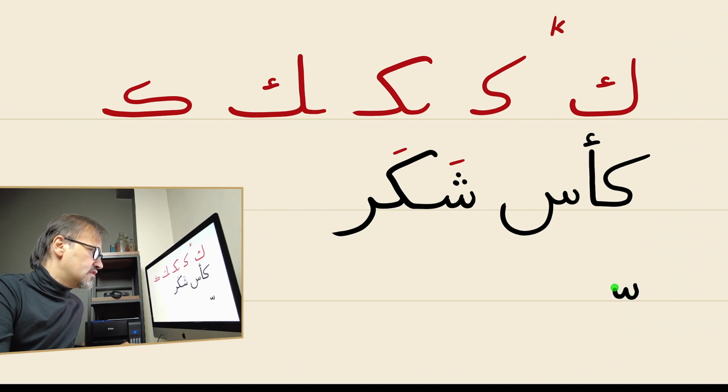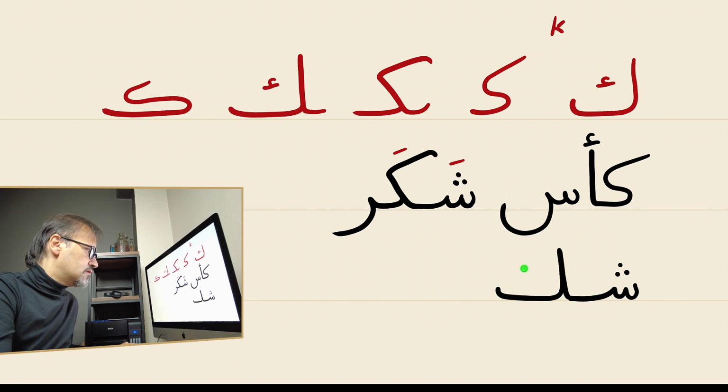Again. Sh. This is the sh. And here's the ke. Remember the ke? When it comes at the end, it looks like this. This is shek. And that's the letter K.